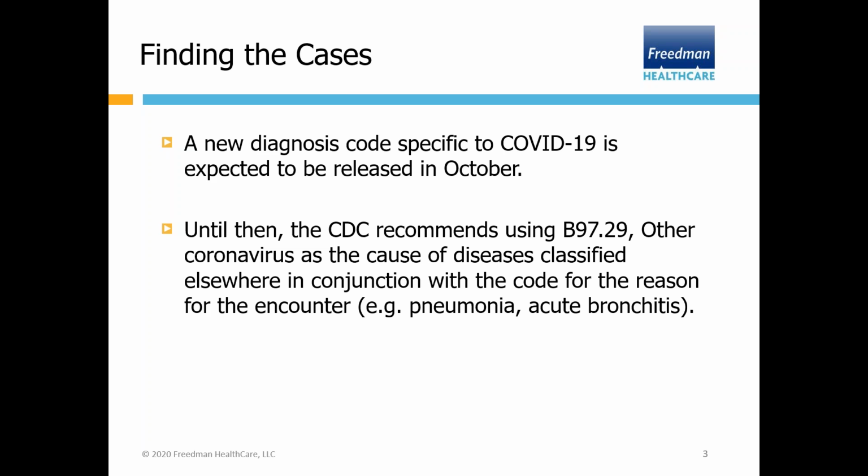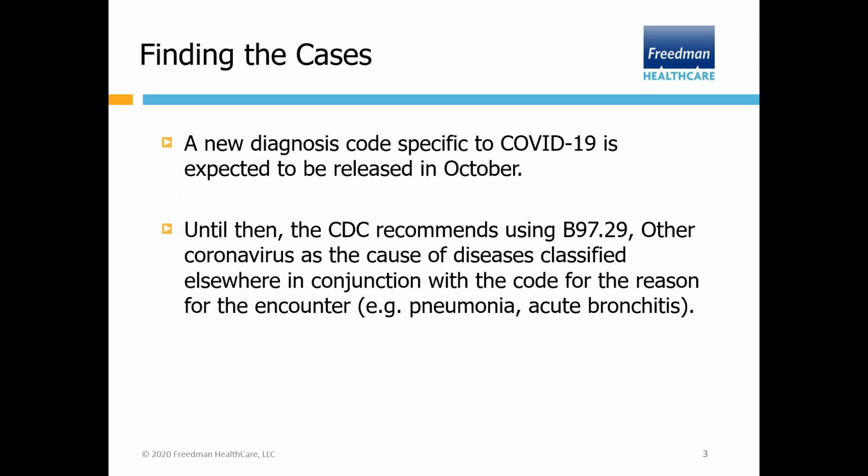All right, so finding the cases. As many of you may know, a new diagnosis code specific to COVID-19 is expected to be released in October. Until then, the CDC has recommended that providers use B97.29, which is described as other coronavirus as the cause of diseases classified elsewhere, in conjunction with the code for the reason for the encounter.